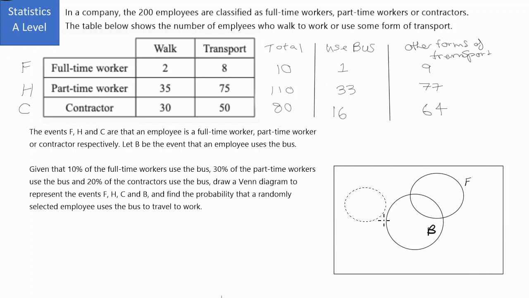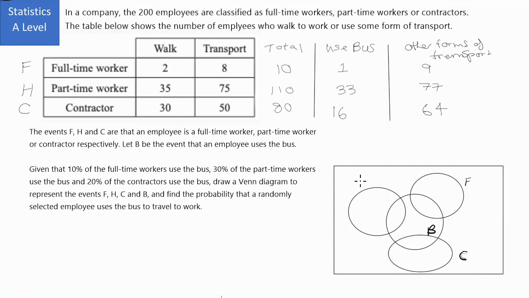So the part-time worker would be like that, and then lastly we've got a contractor. So that's going to go down here. Again, it doesn't cross over because you can't be a part-time worker and a contractor. But it does cross over with bus because you can be a contractor who takes the bus to work.